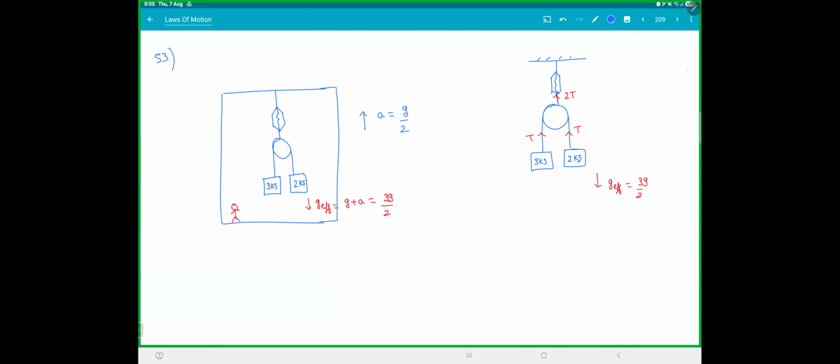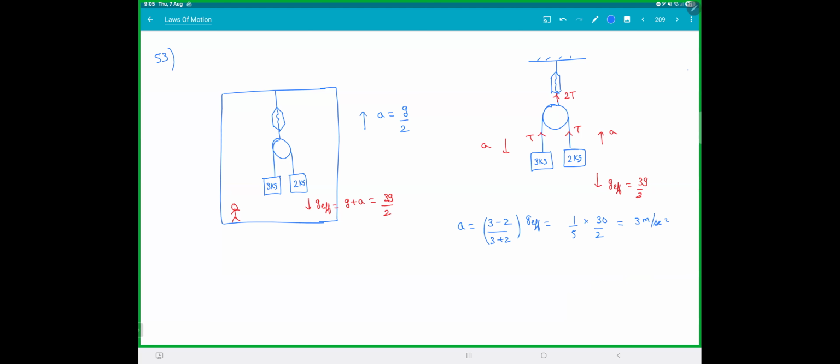So once you get G effective, the acceleration will be, this will go up, this will come down. So you know your formula for acceleration? M2 minus M1, that is 3 minus 2 by 3 plus 2 into G effective. That's 1 by 5 into 30 by 2. 3 meter per second square.